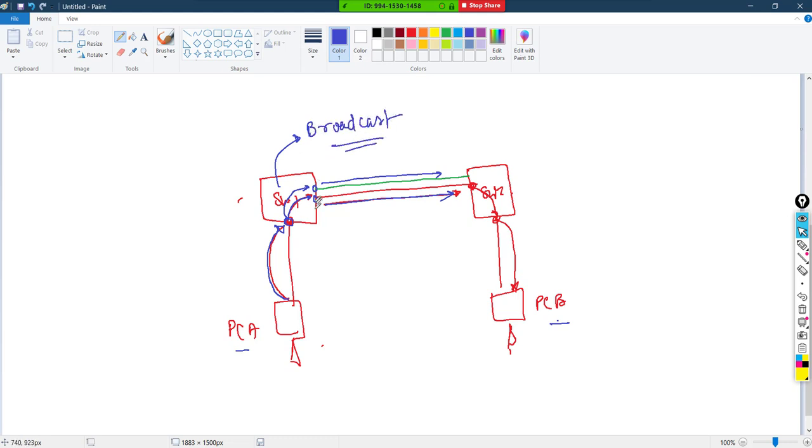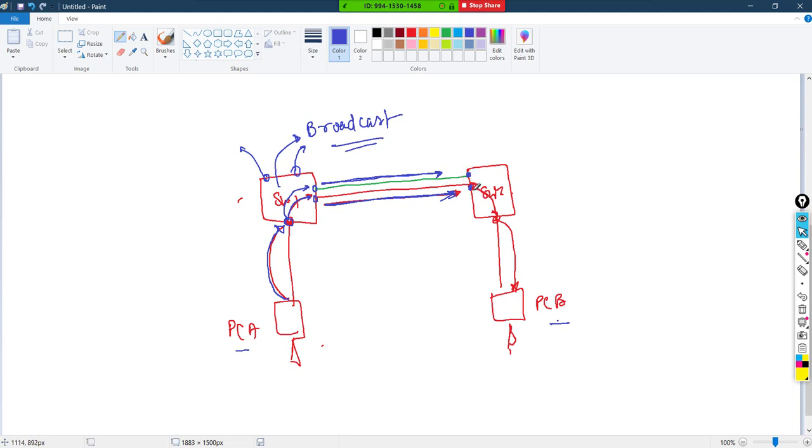So what is broadcast? Whatever the switch receives, it forwards out of every active switch port. Every switch port carries the same information. So let's say this data was carried over the green cable, and the same copy is also carried on the red cable. Now they hit in parallel over here.